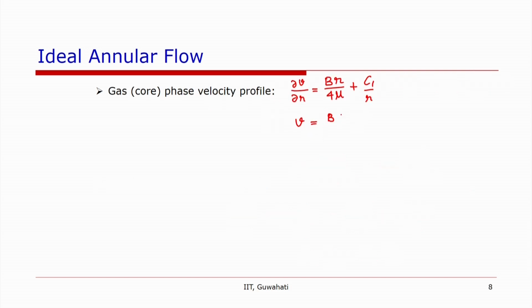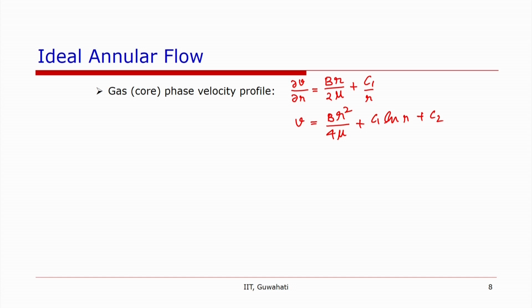So when we integrate this further, we will have BR squared over 4μ plus C1 ln R plus C2, and now we can write the same equation for gas phase and liquid phase.